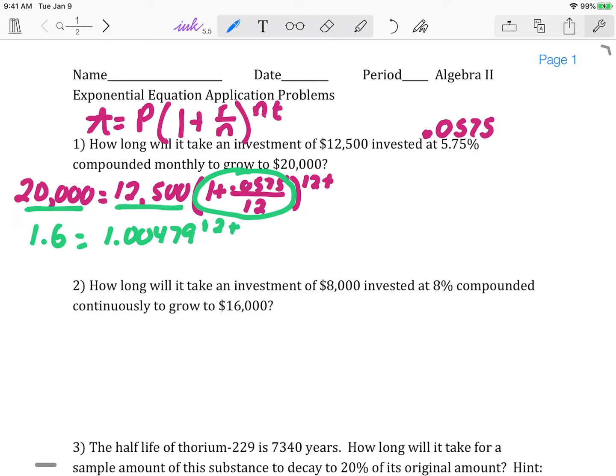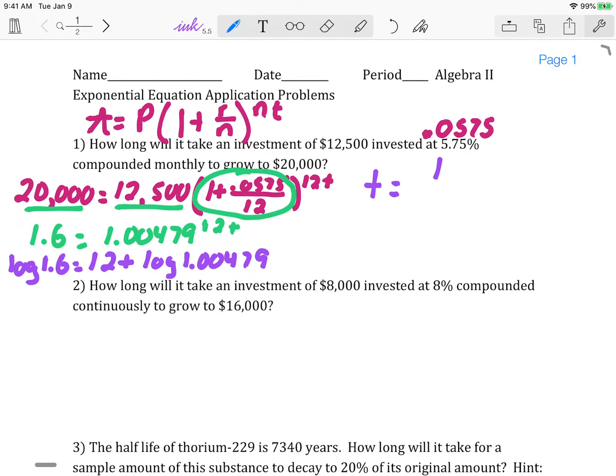Well, the way to move exponents onto the line of everything else is to use the word log, because log takes that 12t and puts it in the front. So it puts 12t in the front, and then I have log of 1.00479.